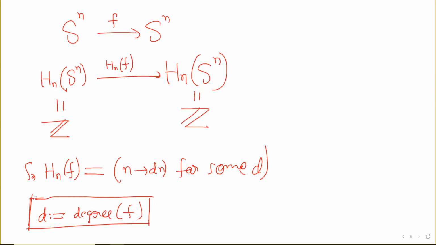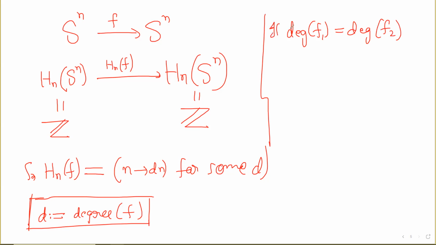Now there is this fact, which we can try to prove next time; I'm just stating it right now. If degree of f1 is equal to degree of f2, it implies that f1 is homotopic to f2. In fact, it's if and only if. Let me check whether this requires the based condition.